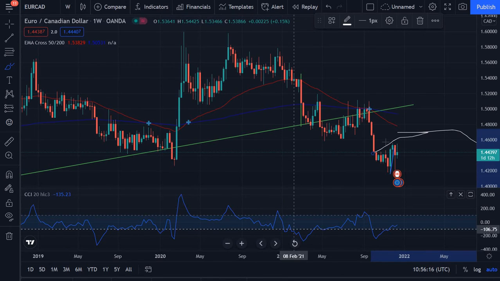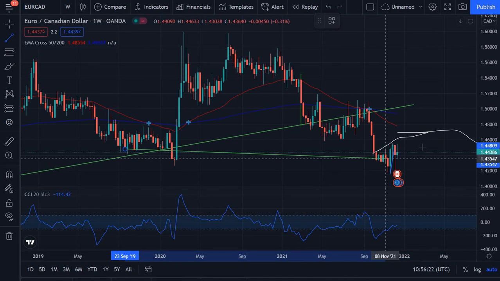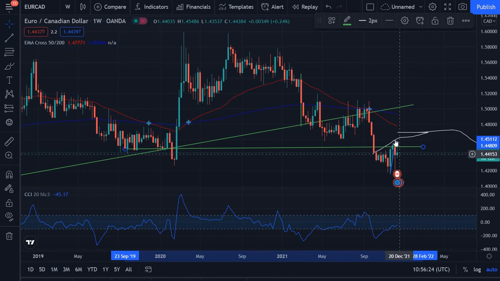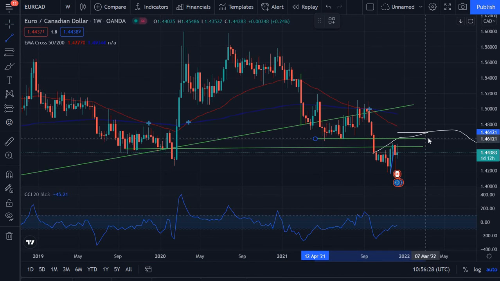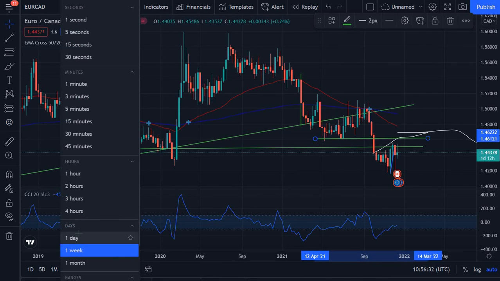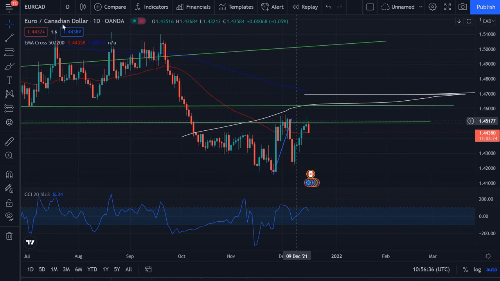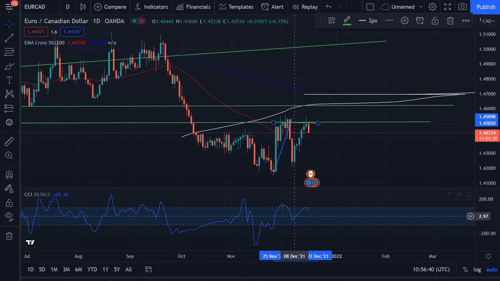Here on the weekly, we broke this support area. Now we are retesting it as a resistance area. We could still reach these highs and then pull all the way down. Here on the daily, we had this double top and this kind of divergence on the RSI.